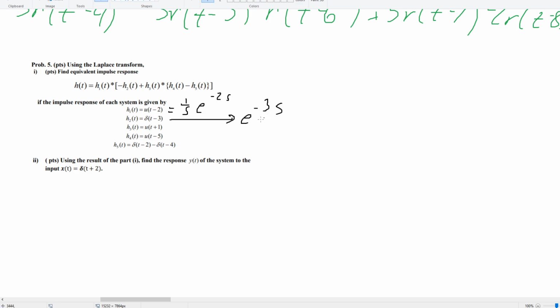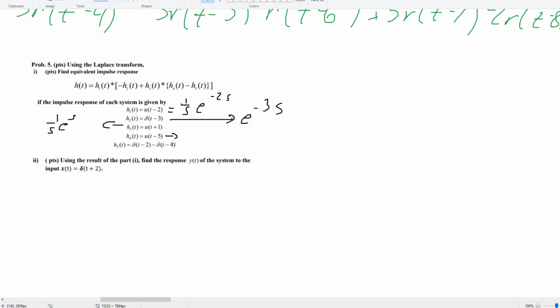If it's a delta function, this becomes a 1 on the outside. There's no s. But the t minus 3 just becomes an e to the negative 3s. I'm going to write it on the left over here. u(t plus 1), this one's 1 over s e to the s.